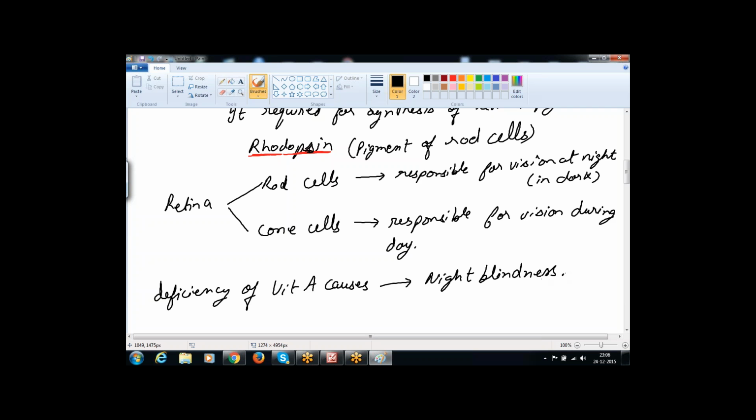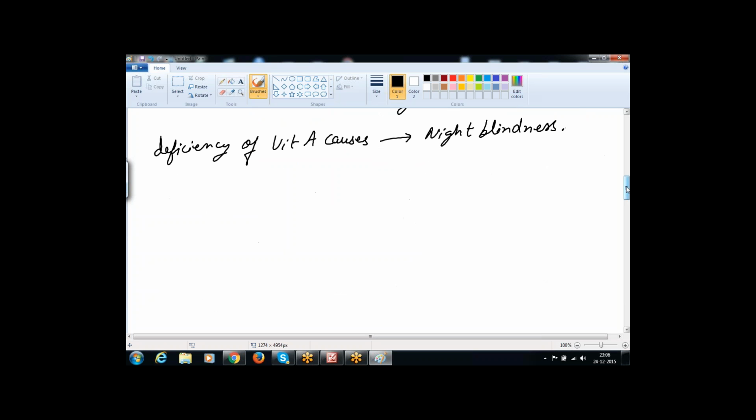They cannot see at all. This is called night blindness. They become blind at night, which means that at night the rod cells were responsible for vision, and the rod cells will not be functioning anymore. So the patient suffers from night blindness.